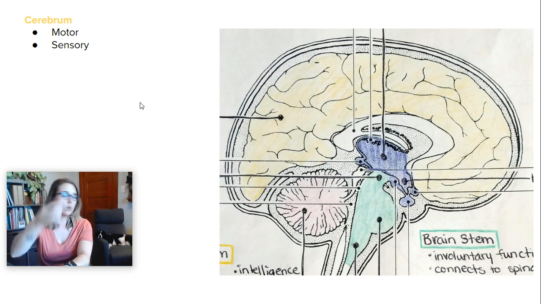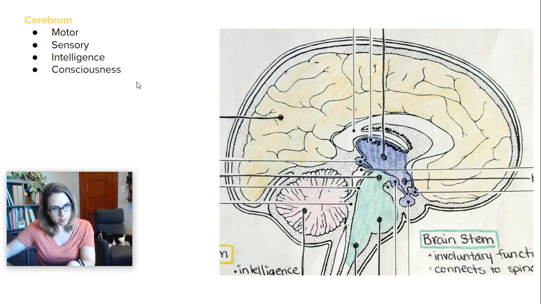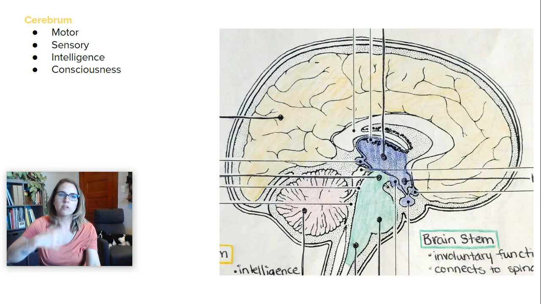So visually, what I'm seeing and coming in is being interpreted by my cerebrum. We consider it the part of your brain that's responsible for your intelligence. So your thinking, your decision making, or lack thereof, is there in the cerebrum. And it's the conscious part of the brain. So the things that I'm aware of, I can consciously be aware of my surrounding, and I can consciously control, is all there in the cerebrum.